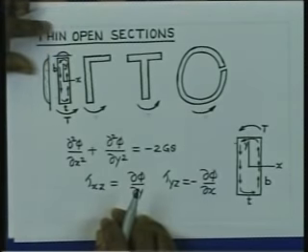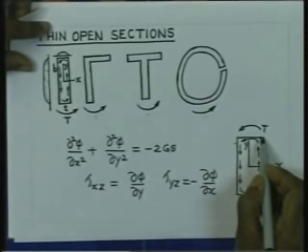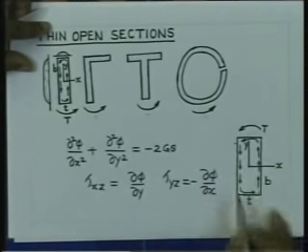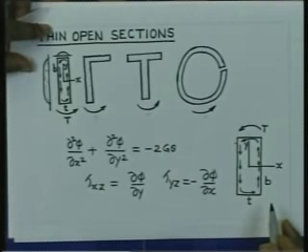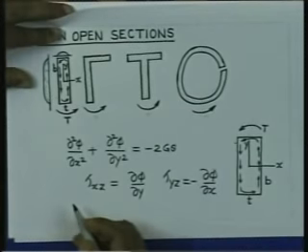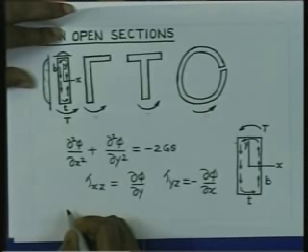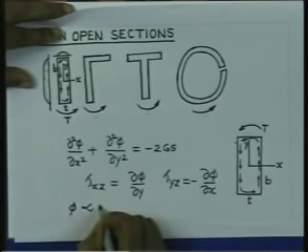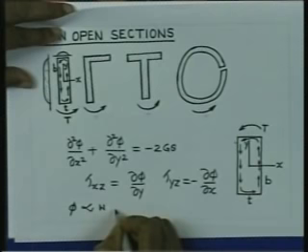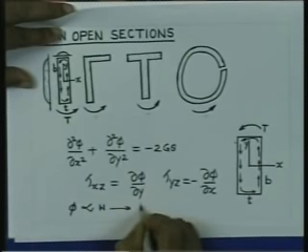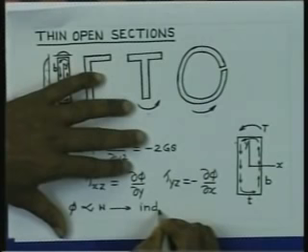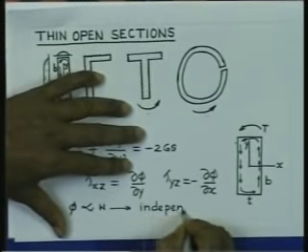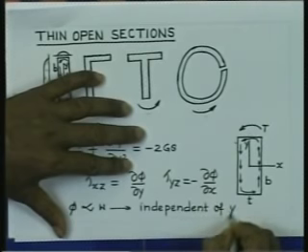If we neglect the portion of the membrane around the top and bottom edges, we find that this membrane shape is independent of y. So phi, which is proportional to the membrane deflection, is independent of y.